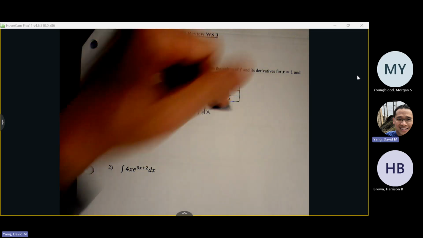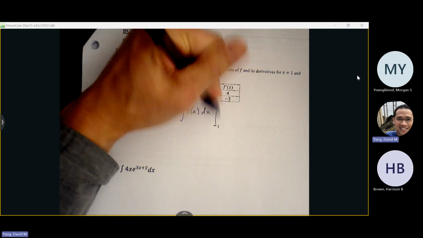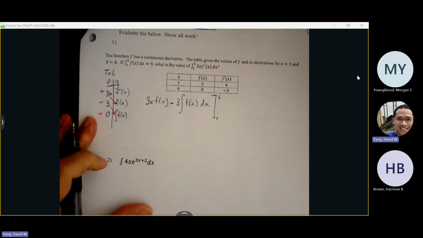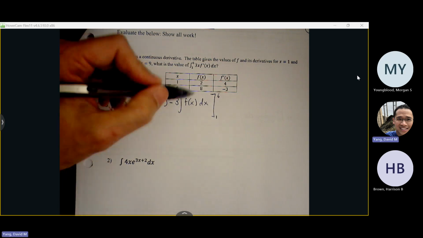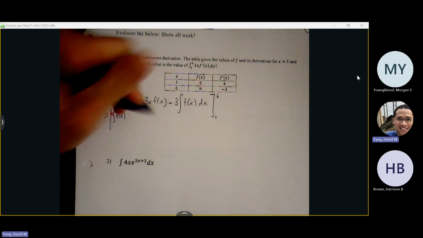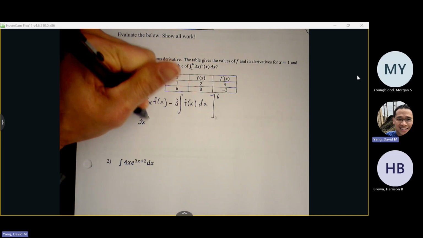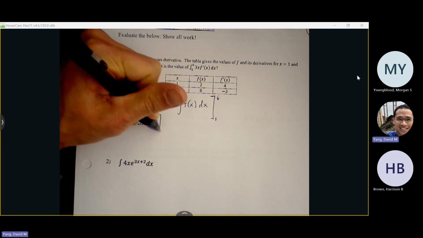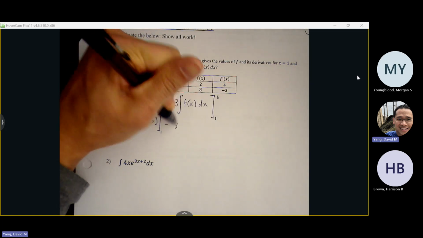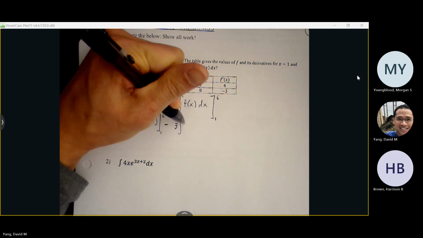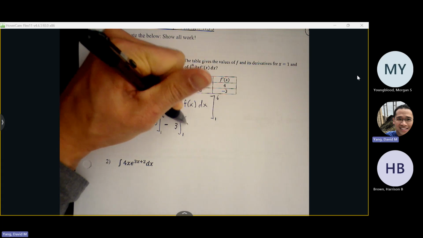We know that ultimately we're evaluating this between 1 and 6. So I can break this up into two separate parts. I can evaluate that 3x f of x between 1 and 6, and then I can also evaluate that 3 times the integral of f of x from 1 to 6, which is essentially this here.